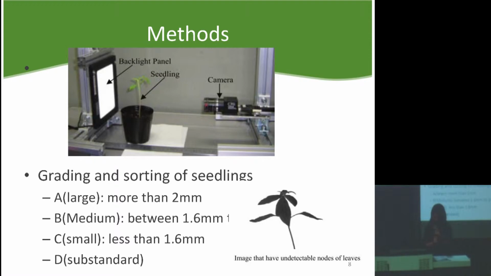Group D is substandard, like this figure, which means we cannot distinguish the stem and the leaves because of the irregular arrangement of the leaves.